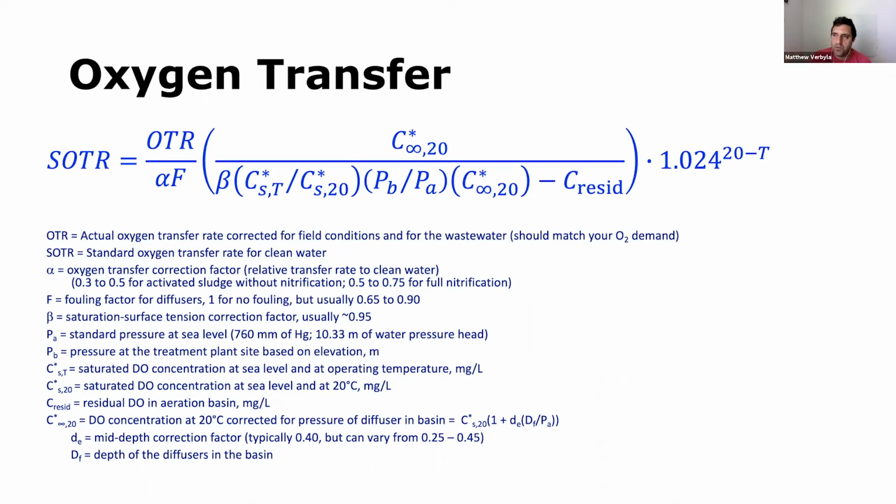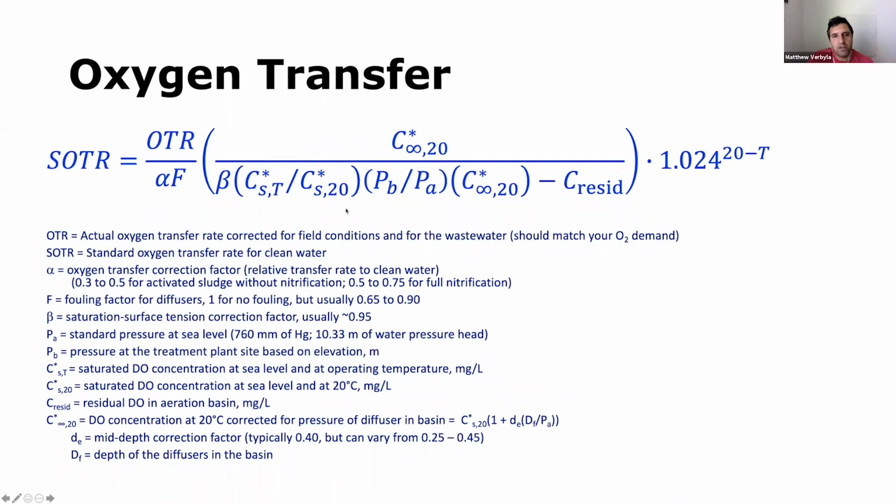If that wastewater was completely clean, there's an oxygen transfer rate that is rated for the aerator itself. However, for wastewater, the oxygen transfer rate is a little bit less efficient because of the organic materials and the biofilm and other factors that affect the actual oxygen transfer rate. It needs to be corrected for field conditions.